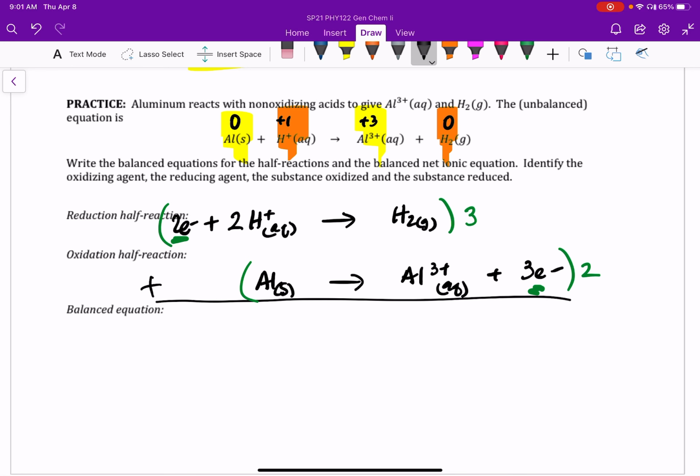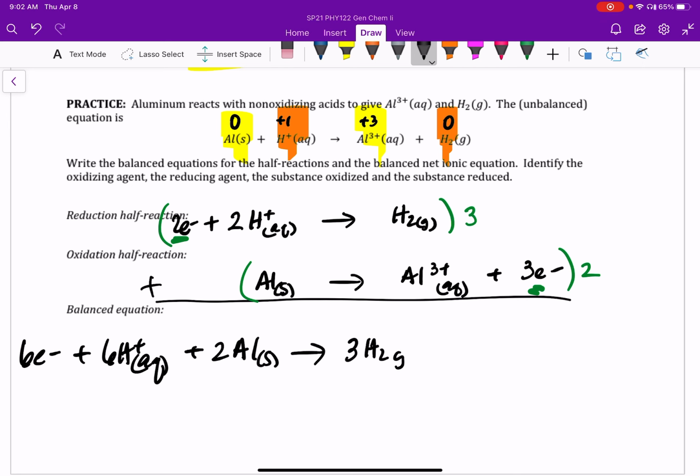And then again, I'm going to write out all the species. So in the total, I've got 6 electrons plus 6 hydrogen ions. And then I've got 2 aluminums. And then on the product side, I'm going to have 3 hydrogen molecules plus 2 aluminum ions.